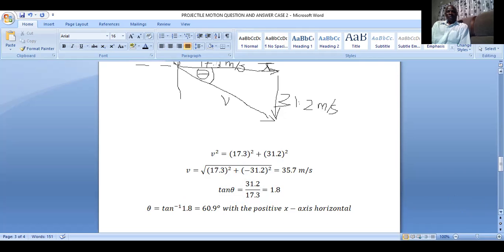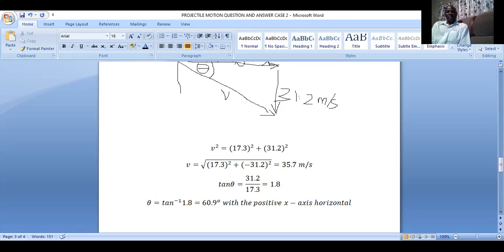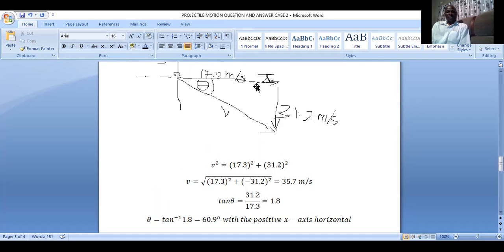So if we are also to find it in a vector description, it means that we have also to look at the angle. So the angle with the horizontal x-axis, this is the angle here. And so we can use tan theta is equal to 31.2 over 17.3, which gives us 1.8.